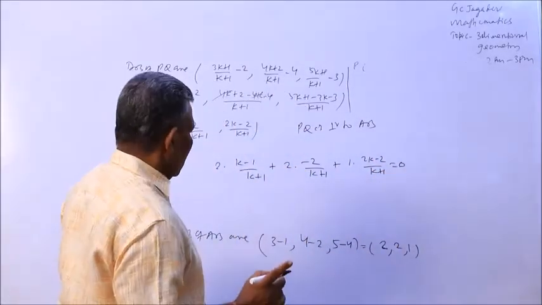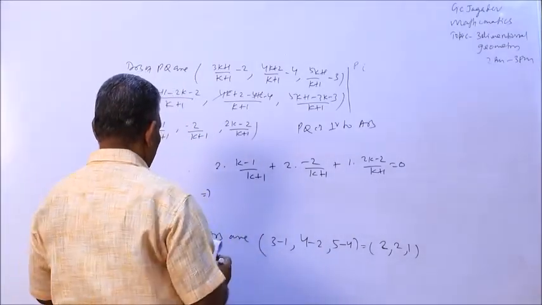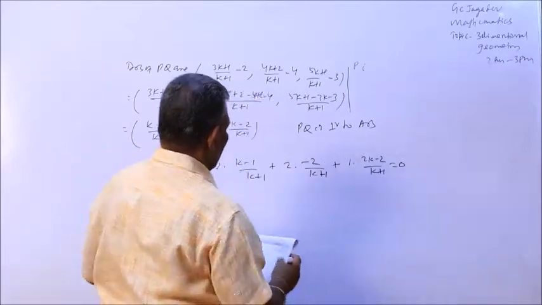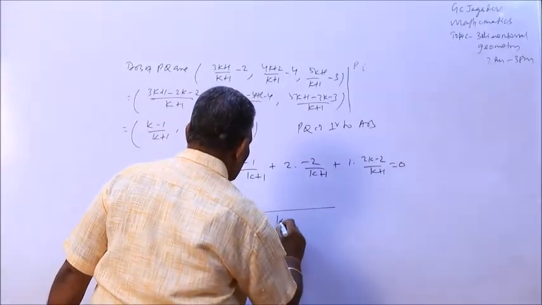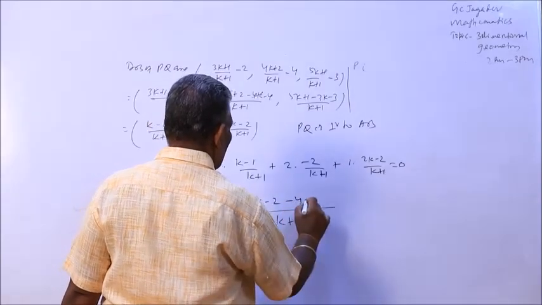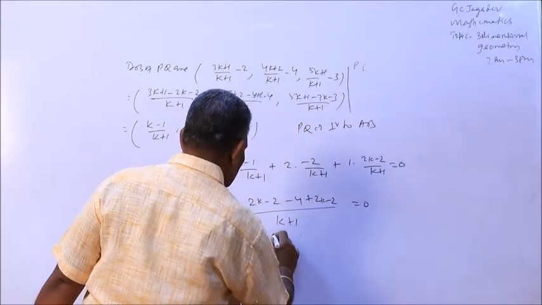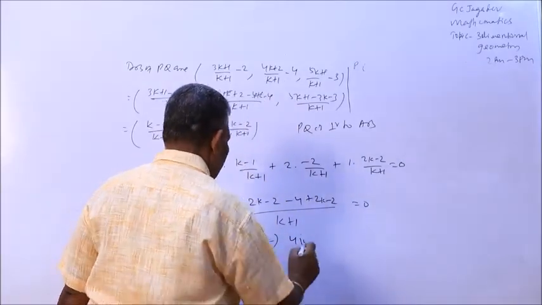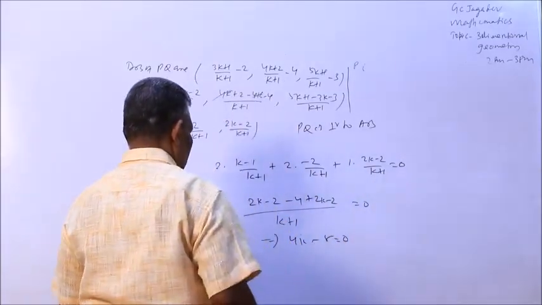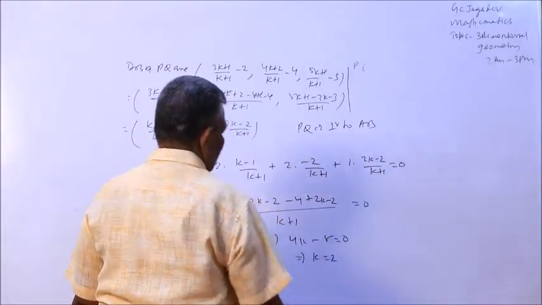By the perpendicular condition, a1 a2 plus b1 b2 plus c1 c2 equals 0. That implies, taking LCM k plus 1, 2k minus 2 minus 4 plus 2k minus 2 equals 0. That implies 4k minus 8 equals 0. That implies k equals 2.